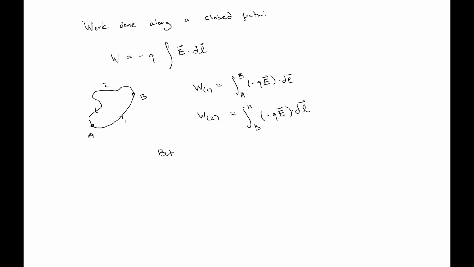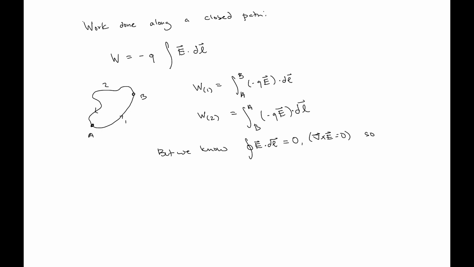But we know, for example, that the curl of E is 0. That also means that if I were to integrate the electric field along a closed path, it has to be equal to 0. We can also think about that in terms of the curl being equal to 0. That's how we define the curl.